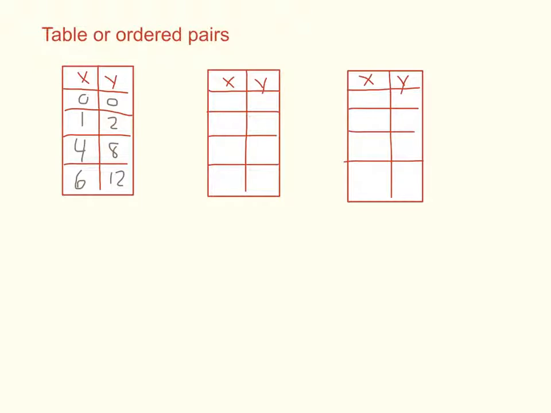So what I want to do is look at the x values. The x values are really what I care about. So these are all different. So all the x's are different. When all the x values are different, it's automatically a function.